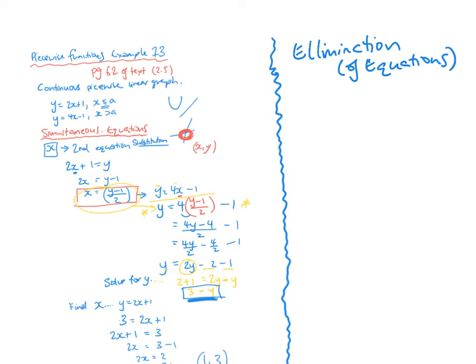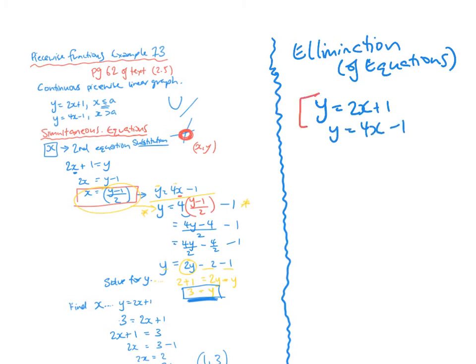What we do here is we line up the two equations. So we have 2y equals 4x plus 2. The reason I wrote that down is that our original equations are these: 2x plus 1 and 4x take 1.